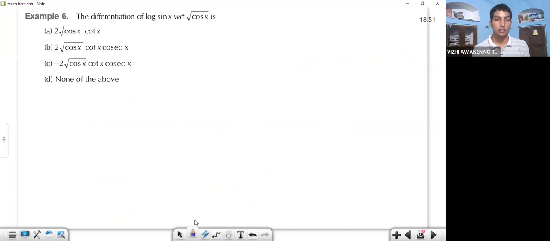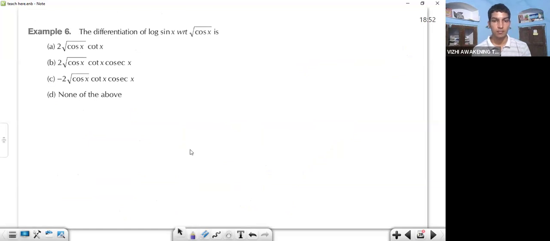So moving on to example number 6. Differentiation of log of sine of x with respect to cos x. There's a function given which depends on x, and another function given which is also dependent on x.